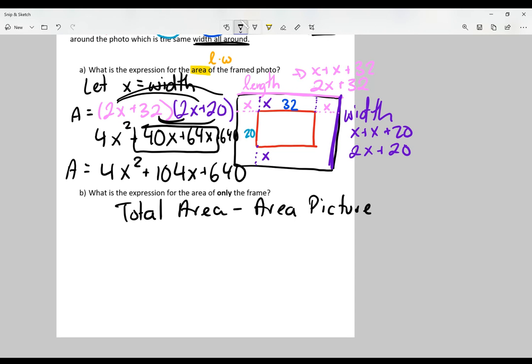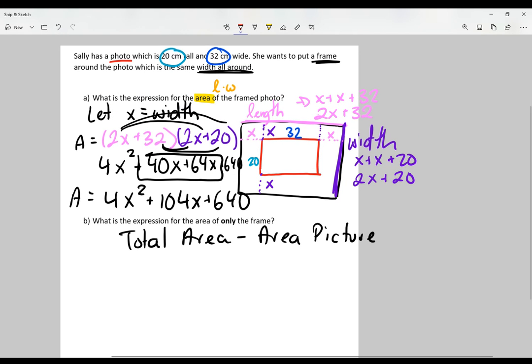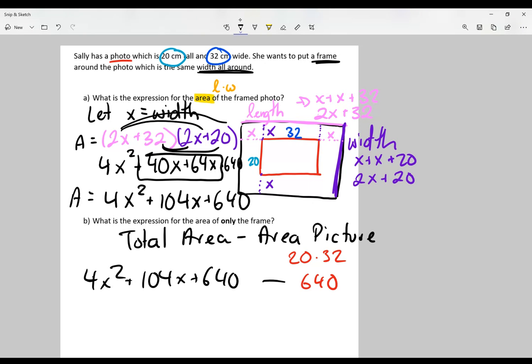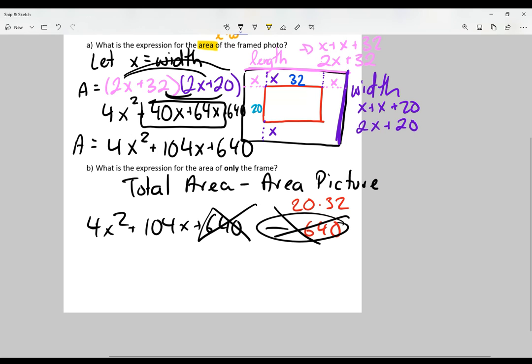We multiply the length and width of just the photo, which we know up here, we just do 20 times 32, which is simply 640. And when we do 4x squared plus 104x plus 640 minus 640, these two are going to cancel out, and we're going to be simply left with 4x squared plus 104x.